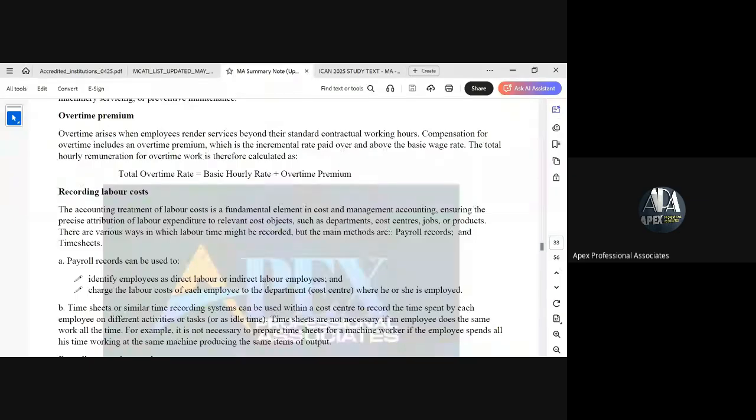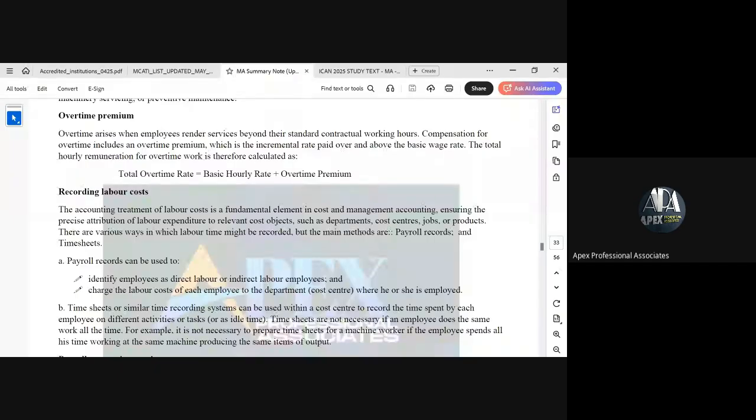Now, how do you record labor cost? Labor cost can be recorded using payroll, number one, and number two is using the timesheet. When you're using payroll, you identify the employees, then identify those providing direct labor and those providing indirect labor.